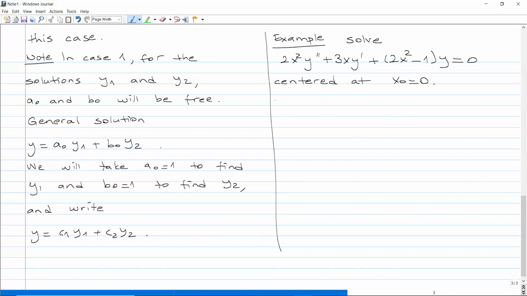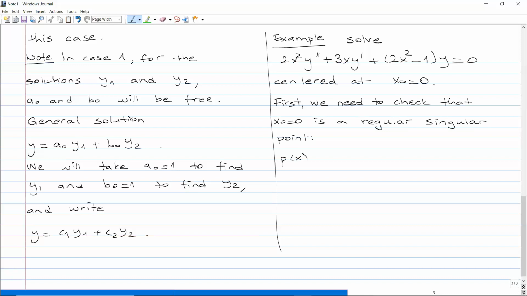So first, we need to check that x0 equals 0 is a regular singular point. My coefficient p(x) is 2x squared, q(x) is 3x, and r(x) is 2x squared minus 1.